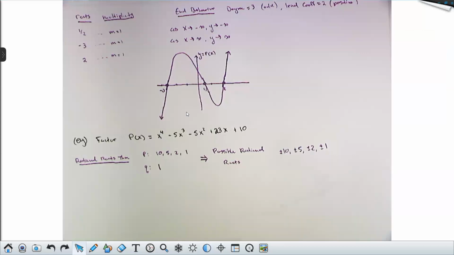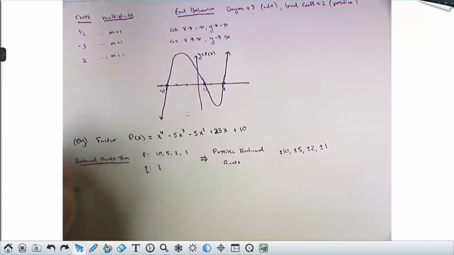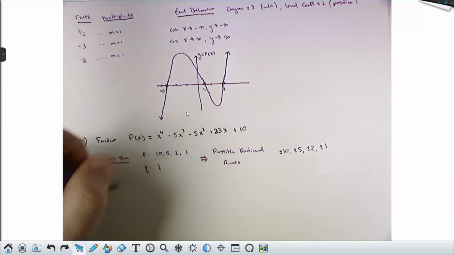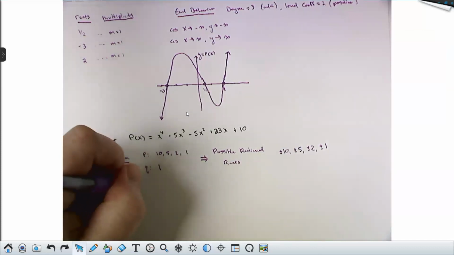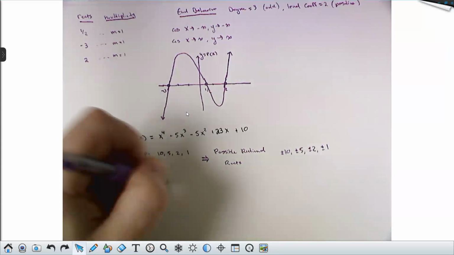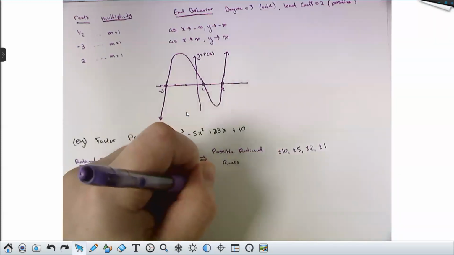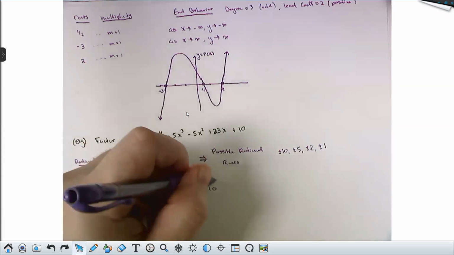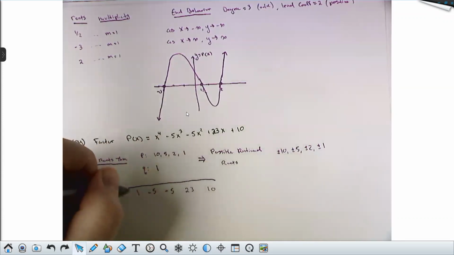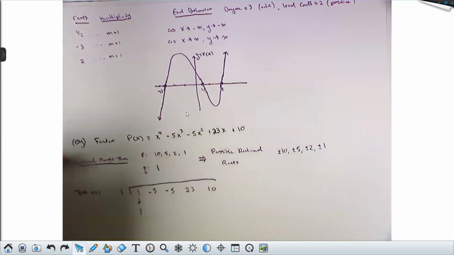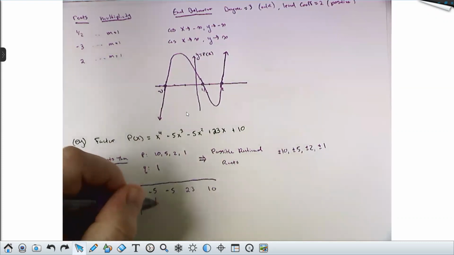So here, we need to test all of these guys, and I'm just going to start running through it. I'll test 1 first. That means I write a 1 here, and then the coefficients of p, which are 1, -5, -5, 23, and 10. Bring down the 1. 1 times 1 is 1. -5 plus 1 is -4.